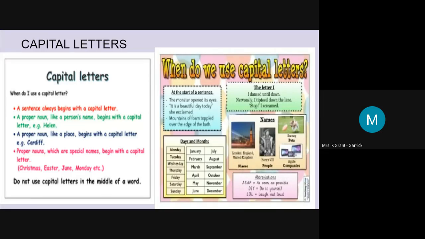You're seeing capitalization. Just a quick review: from primary school, we have been told to always start a sentence with a capital letter.